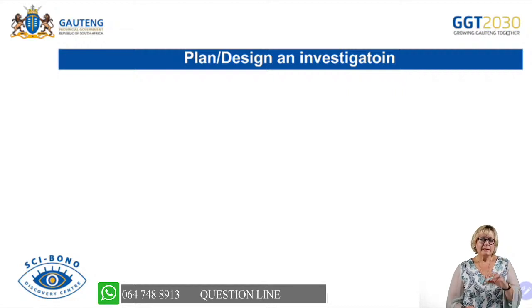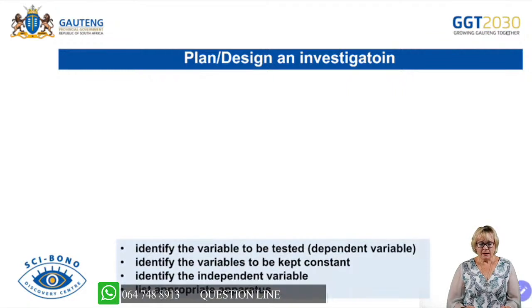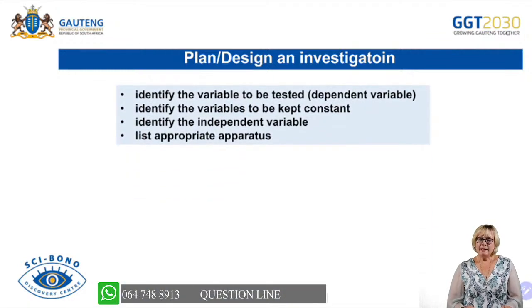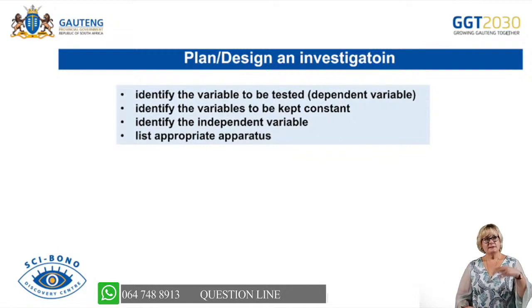All right, so it's important for you to basically analyze the information that the examiner is giving to you. Now, when you plan or design an investigation, and remember, they can ask you to plan an investigation. They can tell you, this is the hypothesis, this is the observation that was made. Now you must go and write down how will you go and do this experiment.